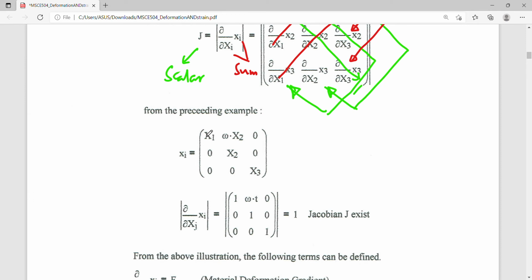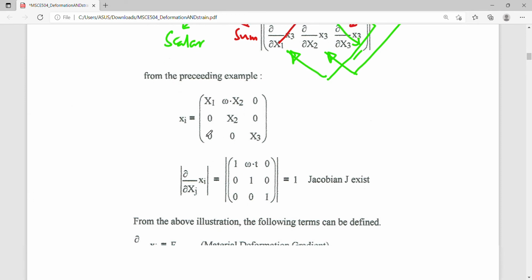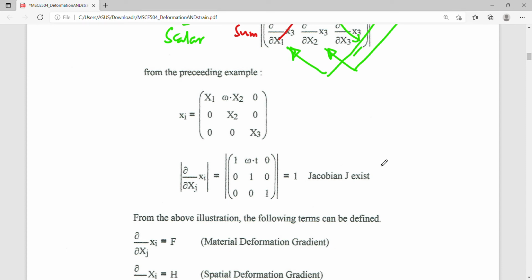So from the preceding example, we have this assumed Lagrangian description. Okay, so don't be confused about this. And if we take the partial derivative of x1 with respect to capital X1, this is just a derivative of a variable with respect to the same variable, it's 1.